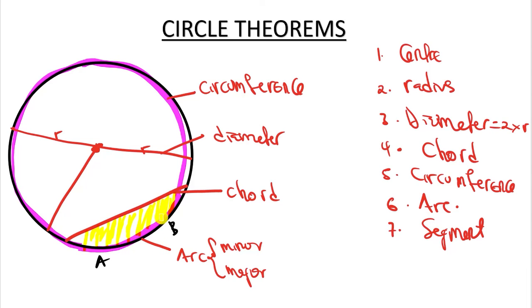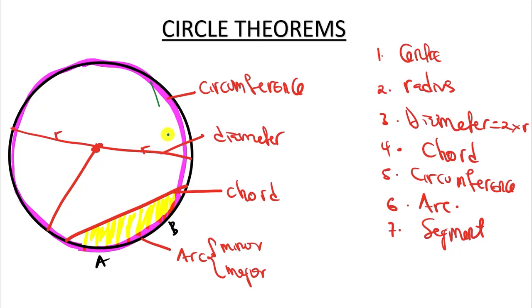All right. Now for the segment too, we have minor segment and then major segment, because this particular chord that we are having here is dividing the circle into two parts. So the one down here, that is the minor segment, and then the one on top becomes the major segment.